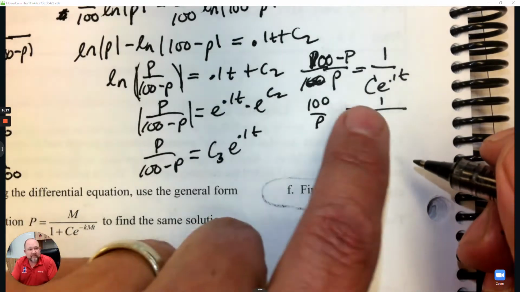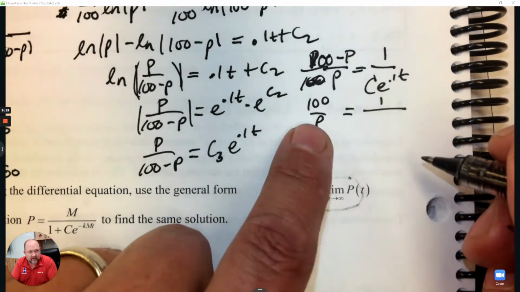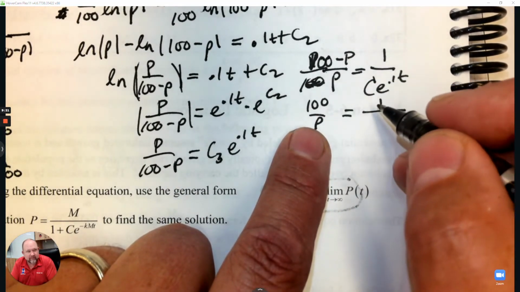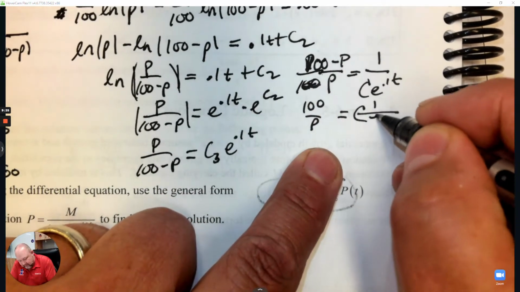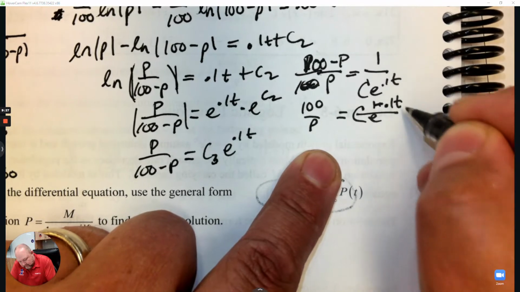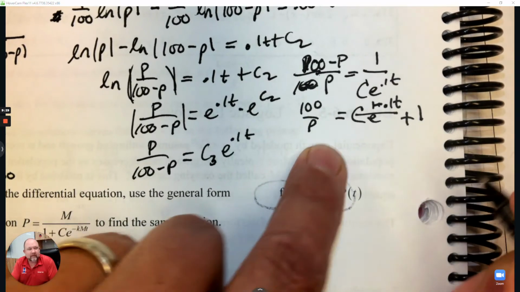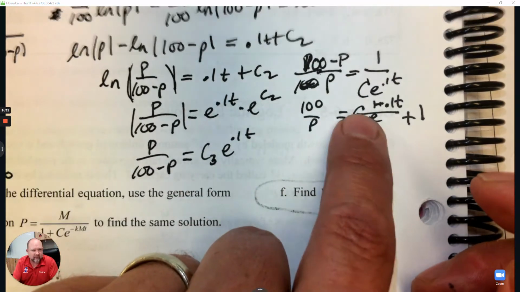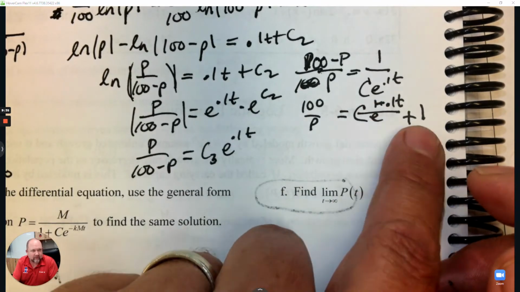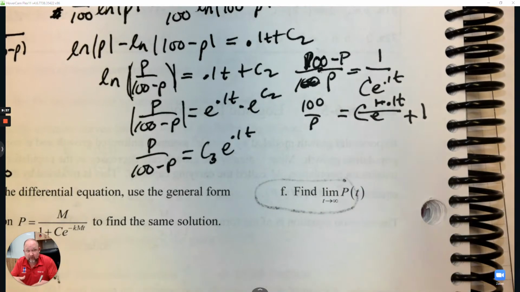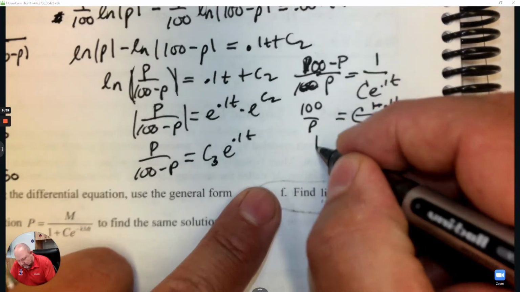And honestly, if I wrote this, I can write this with a negative exponent. That'd be easier. So if I add it to the other side, I have C e to the negative 0.1 t plus 1. There's no fraction there, C e to the negative 0.1 t. So it's not a fraction. Because at this step, we are going to do the reciprocal again.